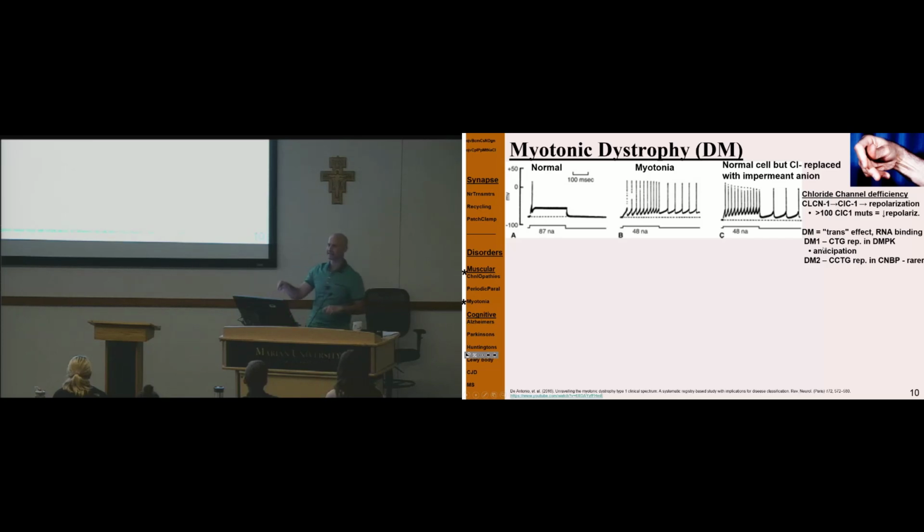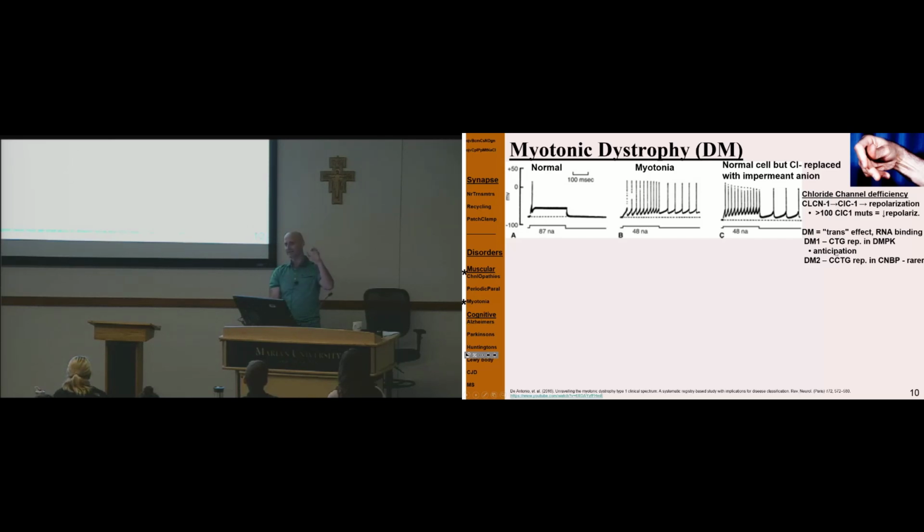Now what's interesting is the way that these repeats affect the chloride channel. You have a gene with a lot of extra DNA. That DNA becomes RNA and then hydrogen bonds back on itself and forms this big structure, and it binds other proteins that bind RNA.